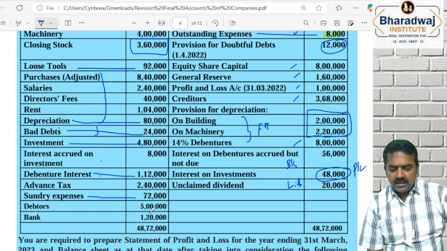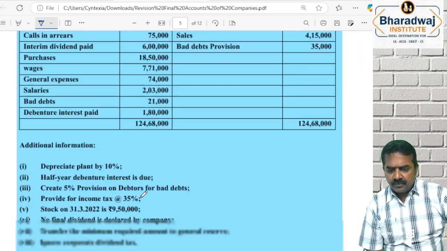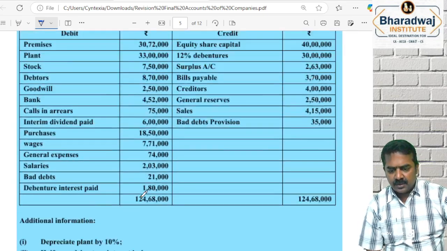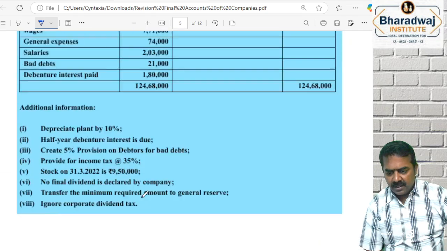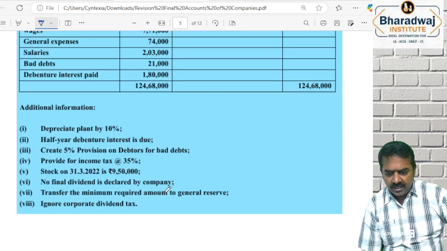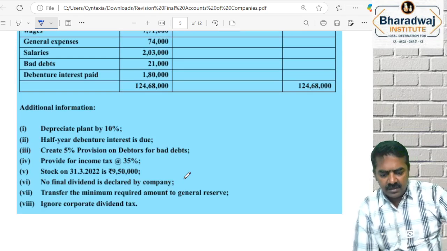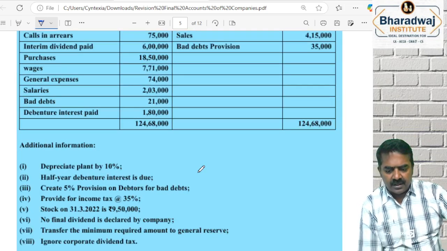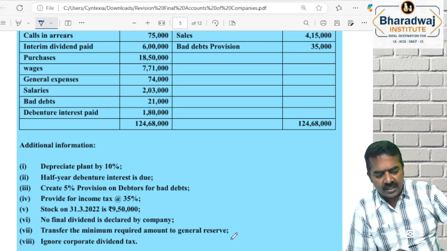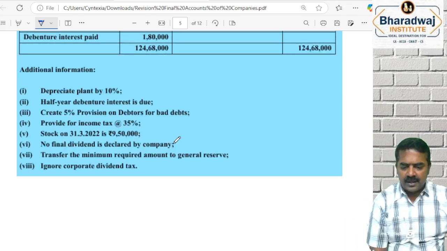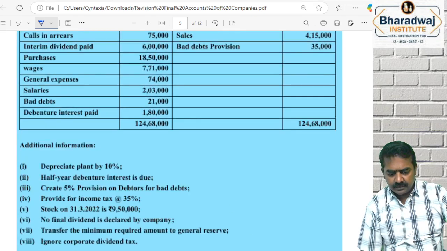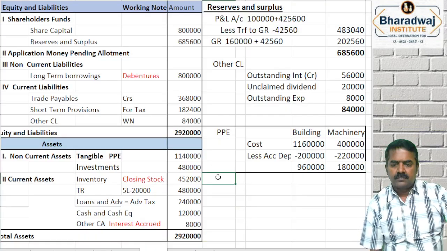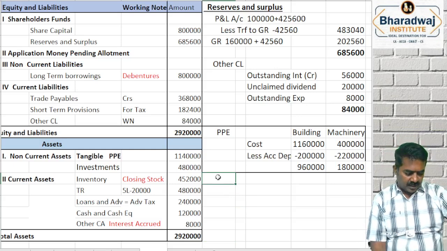Okay, wait one. I'll come back to this. It's a very simple question. I request you to try the next question. You complete the P&L account, then I will do the P&L account. Then you do the balance sheet, then I will do the balance sheet. So take up this, then try the next question.